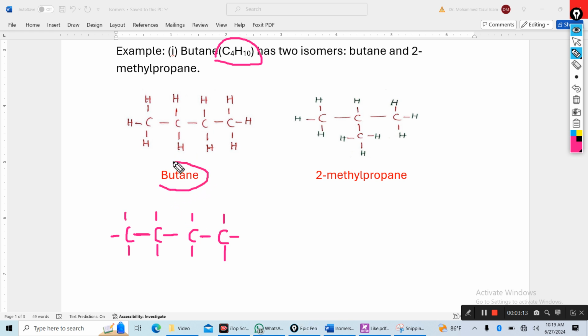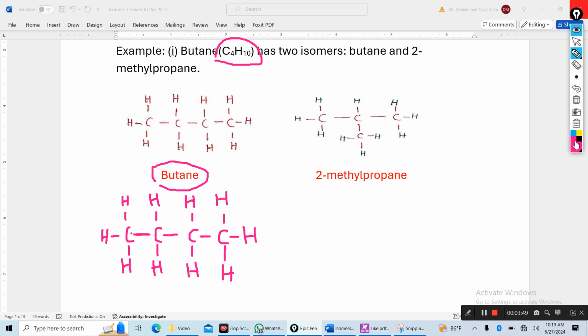This is butane. You give the hydrogens, 10 hydrogens in total, so this is butane.